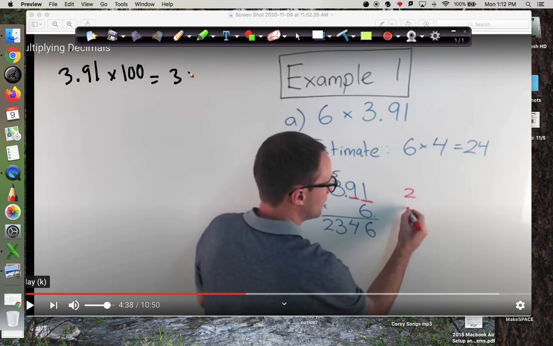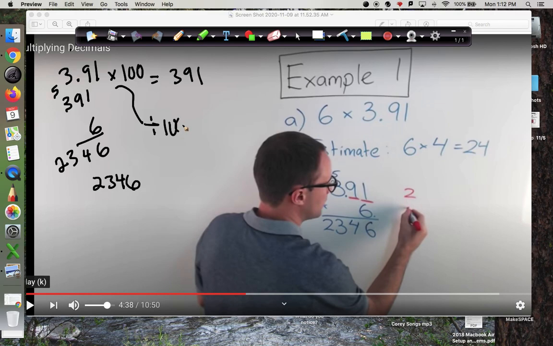So that's 391. So we multiply 6 times 391 and get 2,346. Then we take 2,346 and we do the opposite of this, which is divide by 100, so that we end up at the answer that we should.